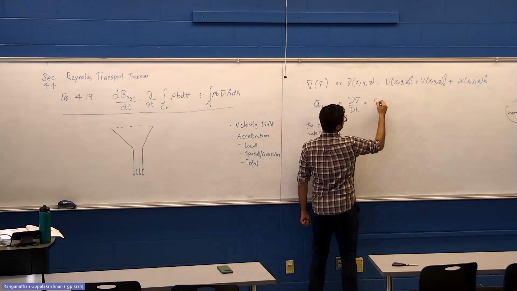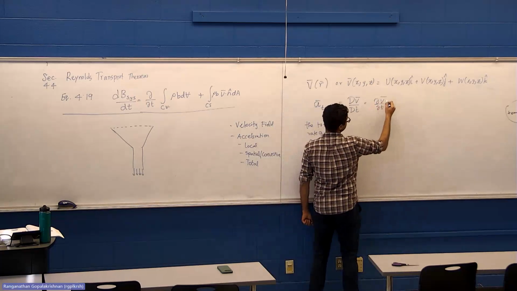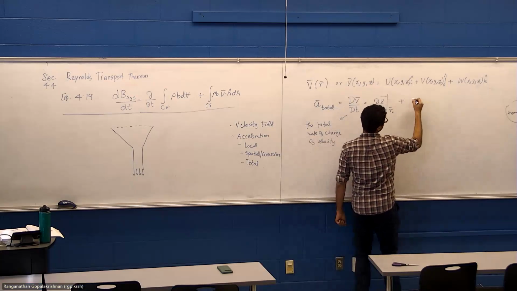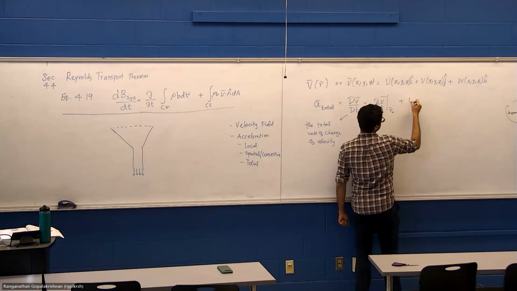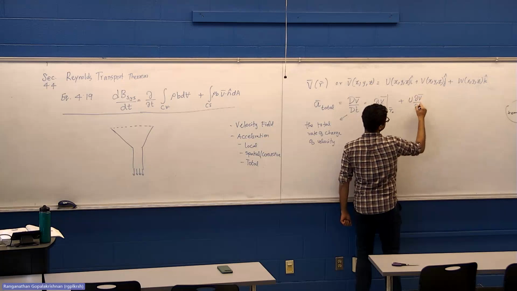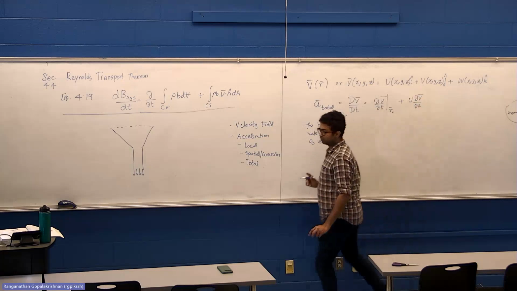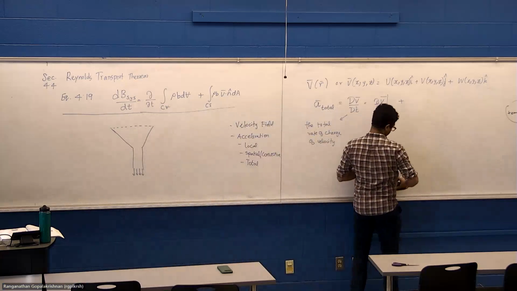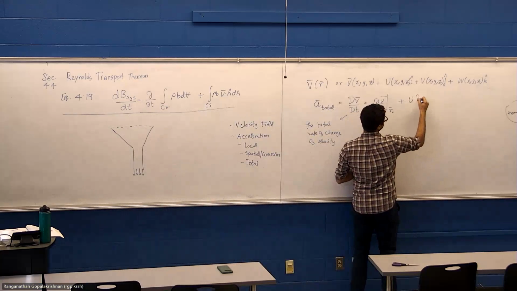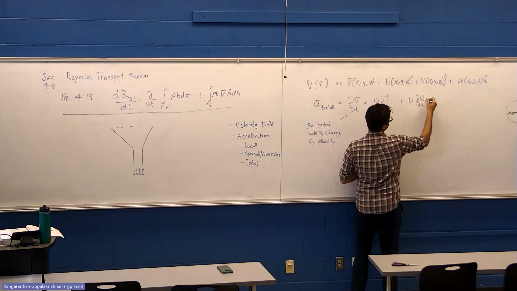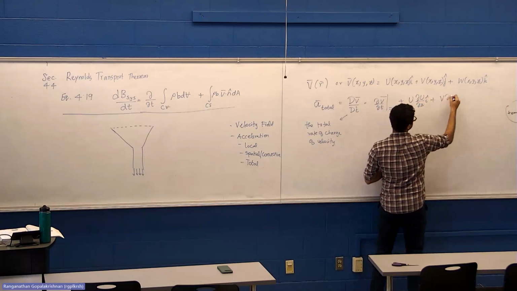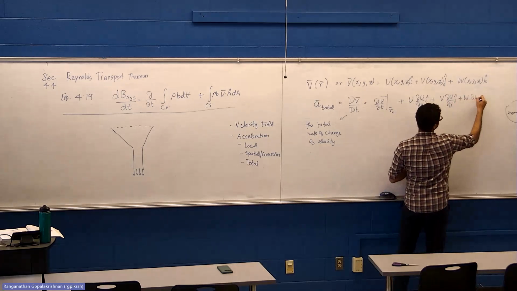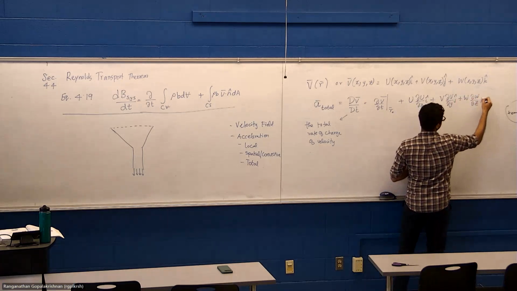So this is the partial derivative of v with respect to time at a fixed position, plus u dv/dx i cap plus v dv/dy j cap plus w dv/dz k cap.